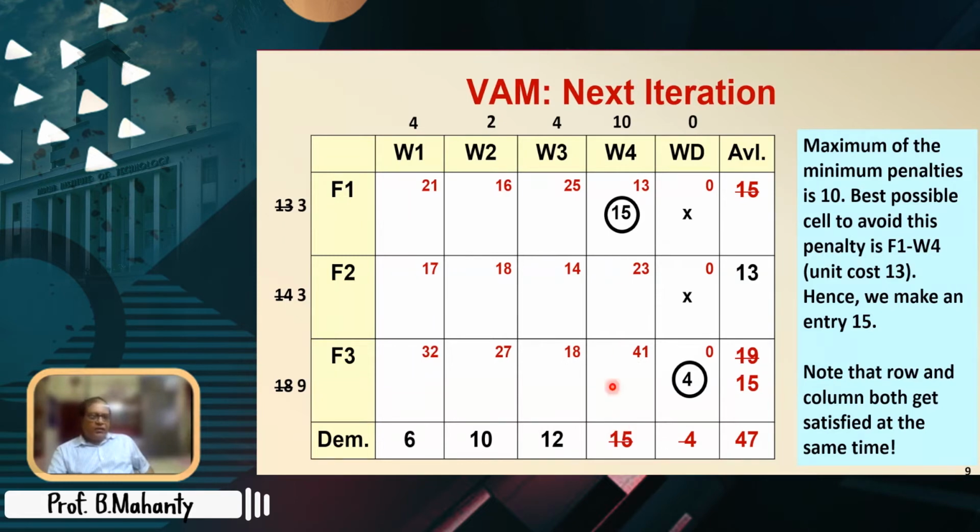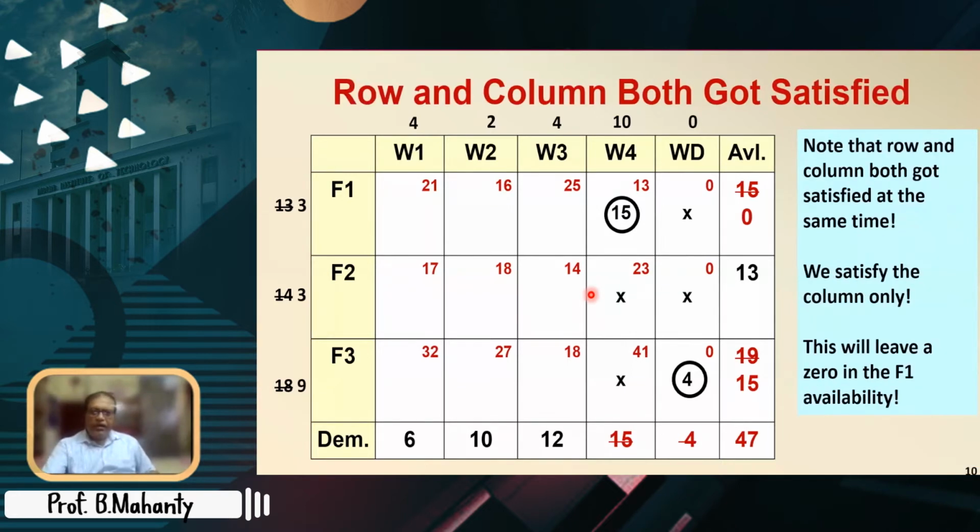We are crossing out the column with a simple calculation that this 41 is very high, is it not? Here this 16 is better than this 23. So with that kind of consideration, although that may not mean much, we are crossing out the column only and not the row. Right.